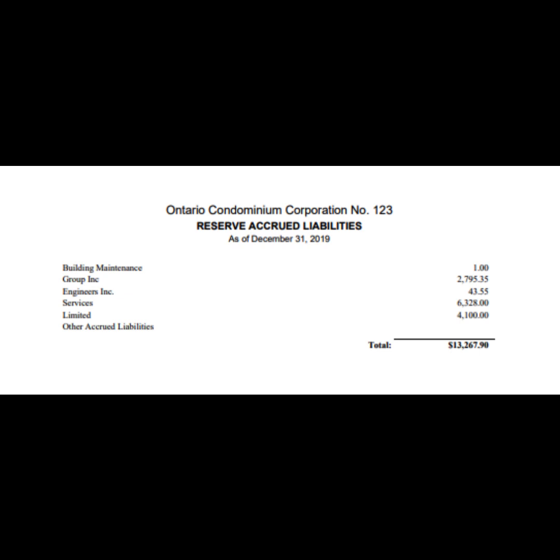To properly account for the liabilities in the month that the service is incurred, the amount payable is entered in the list of reserve accrued liabilities so that the expense is properly reflected in the correct month. The difference between the two different accrued liabilities is from which fund it is to be paid from. The reserve accrued liabilities is paid from the reserve fund.